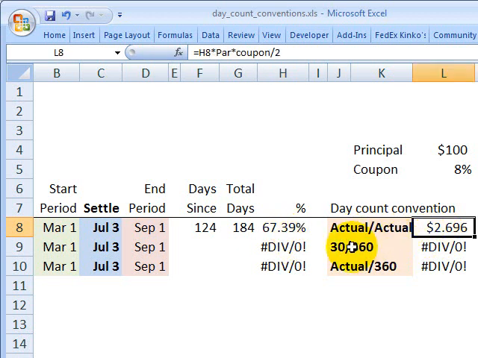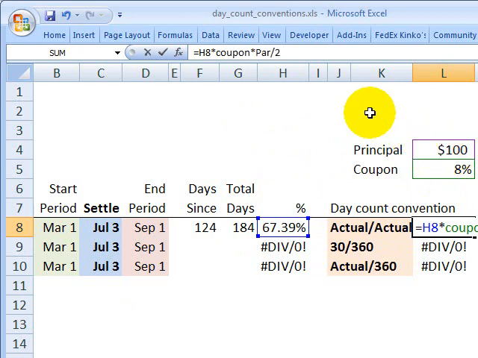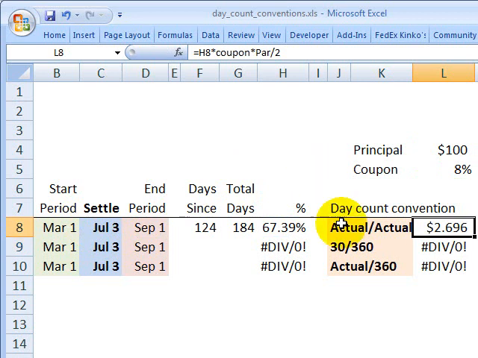And then if I want to compute the accrued interest, I would simply take that fraction and multiply it by the full amount of the coupon, which is 8% of the principal, except I'm going to divide by 2 because it's not a full year, it's a half year here. And so this coupon is $2.69 roughly on an actual/actual convention.